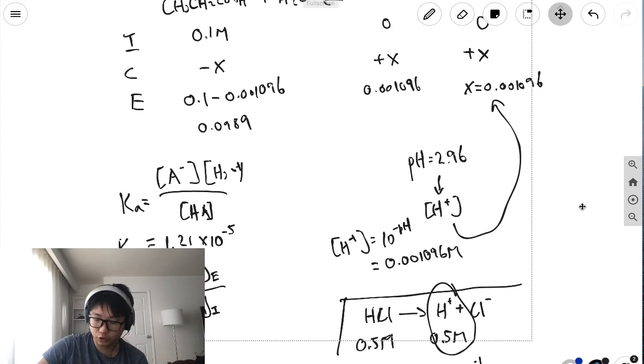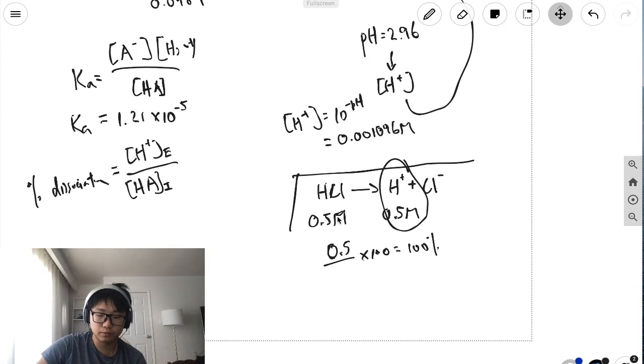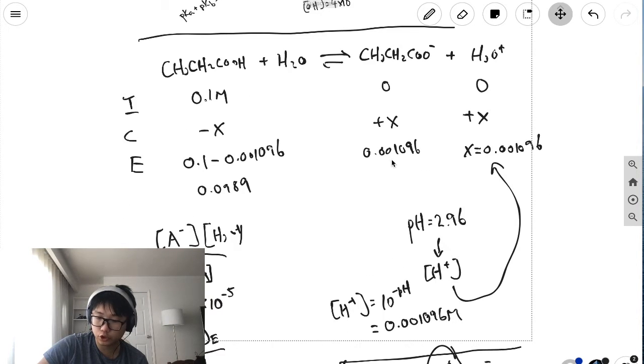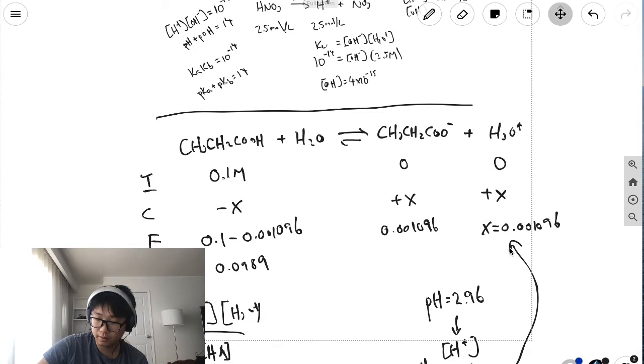So think from the strong acid perspective: 0.5 molar generated 0.5 molar. That's 100%. Here, 0.1 molar generated how much H plus?